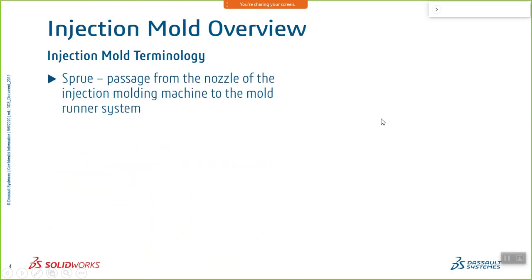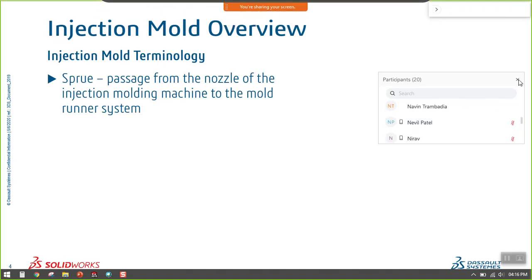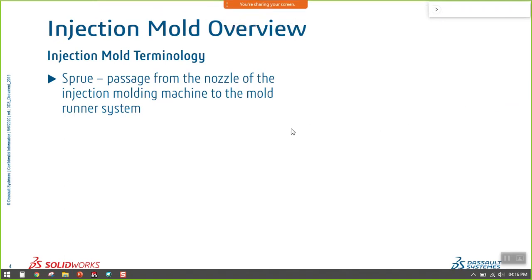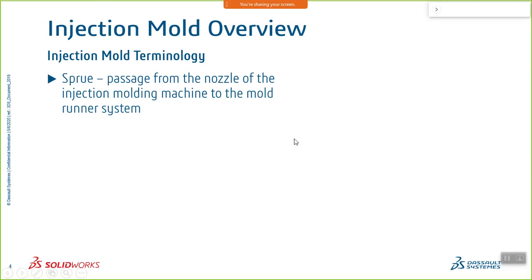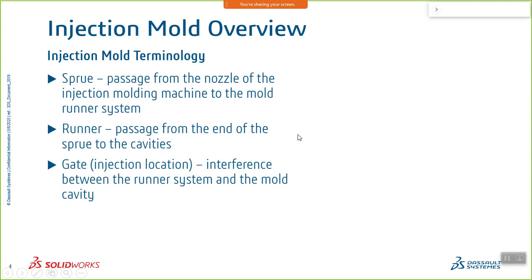So the injection molding terminology. I'll just take you through a quick introduction before I actually go into the SolidWorks Plastics. So we all know that injection molding has certain terminologies like sprue, right? It is a passage from the nozzle of the injection molding machine or the mold to the runner system.